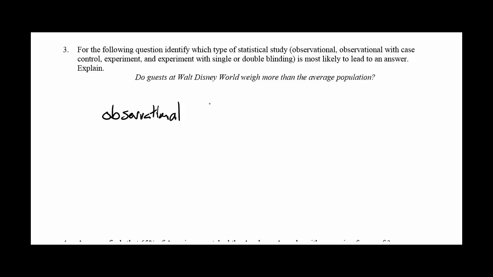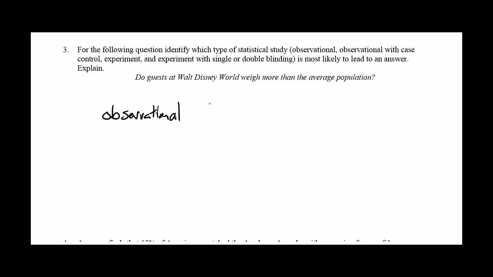And the fact that we are comparing a subgroup of the population to the larger group. So we're looking at guests at Walt Disney World versus the average population. Well, that Walt Disney World group, that's a subgroup within the population group.